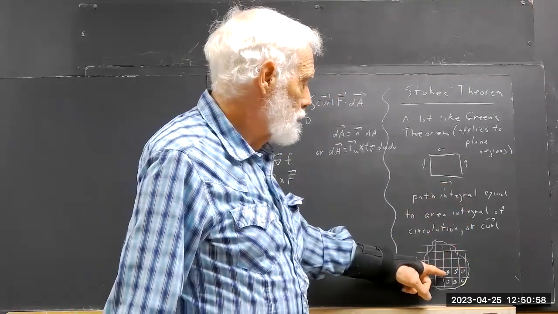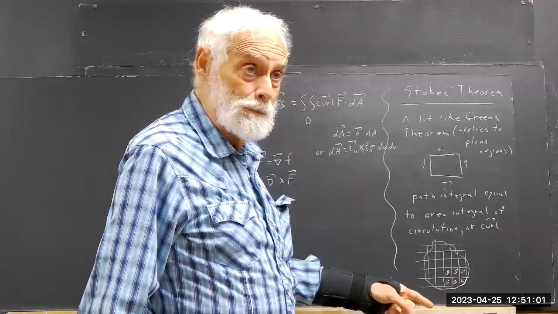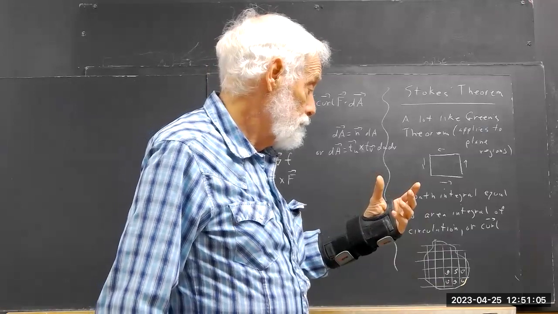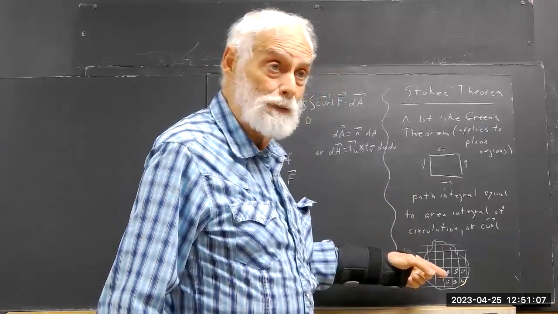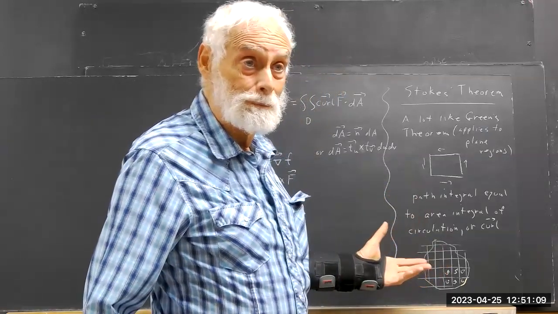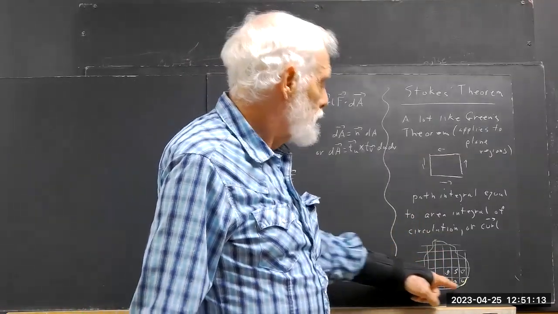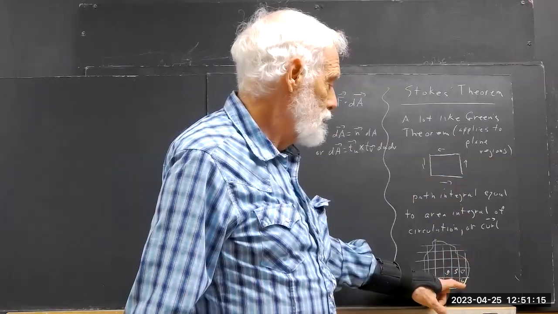So for any of the regions totally interior here, the net circulation has to be zero. Except, well, that's for an interior region.